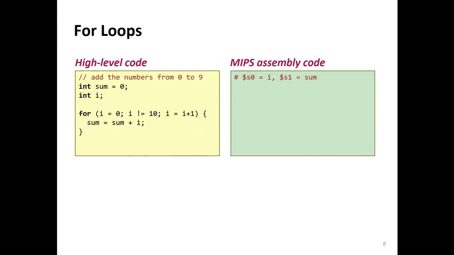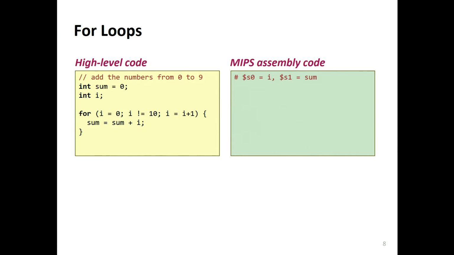You have an iterator i, set to 0, going all the way up to 10, incrementing by 1 after every loop. Within the loop body, you simply add the numbers together to get the sum.